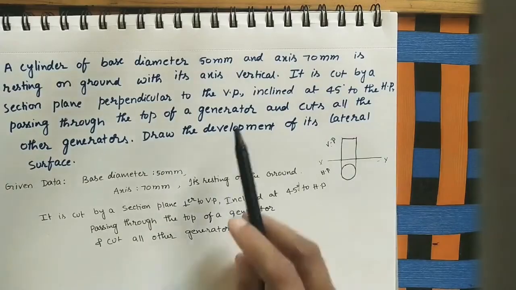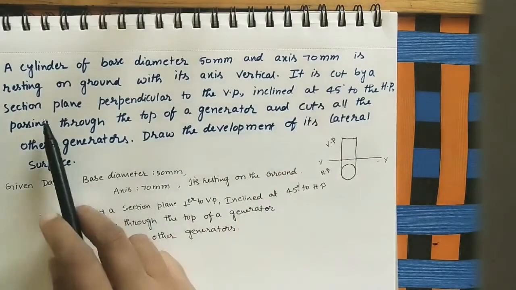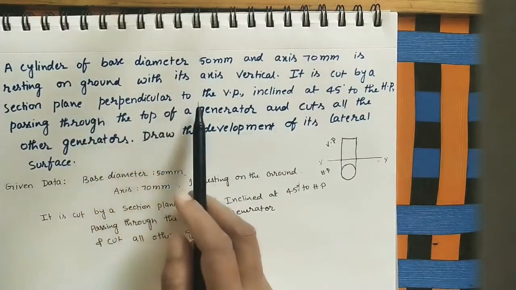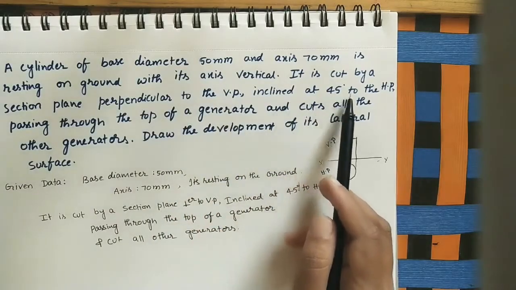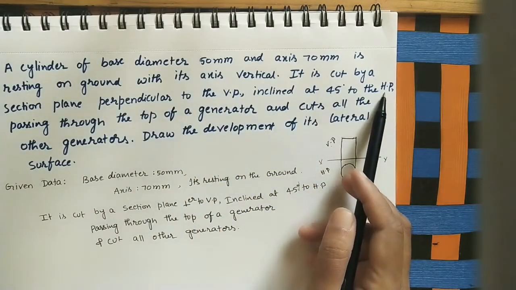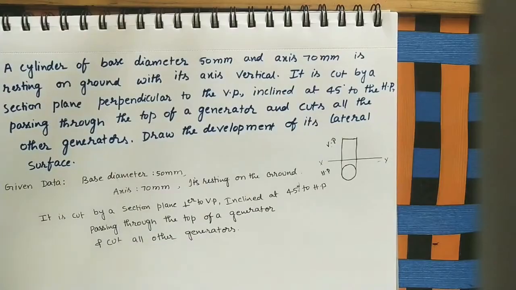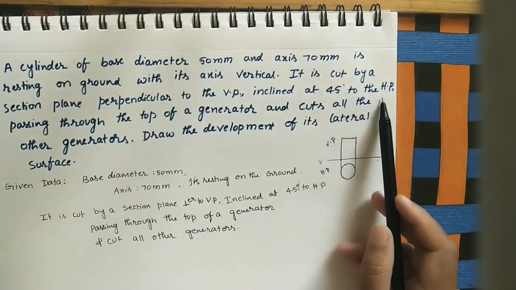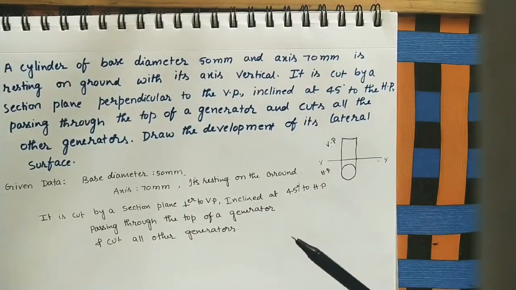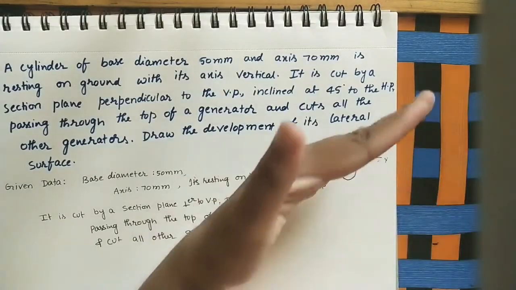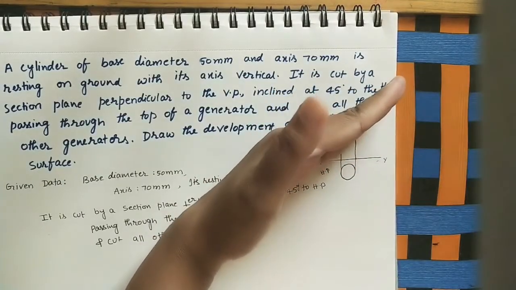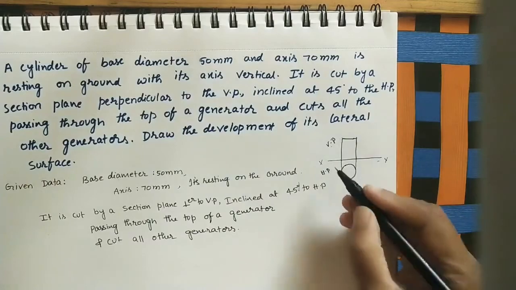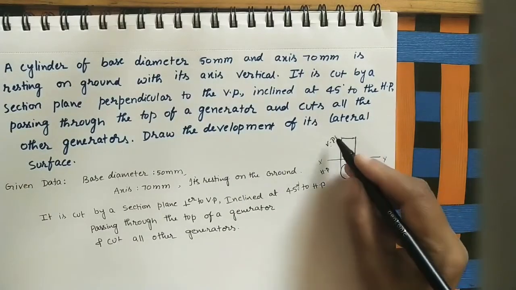Now after that, it has given that it is cut by a section plane, perpendicular to the vertical plane, inclined at 45 degrees to the horizontal plane. Here we are taking one cutting plane. This plane is making a 45 degree angle with the HP. Now we can take the plane like this. It is cutting this cylindrical part. We can take the cutting plane in this direction or in this direction.